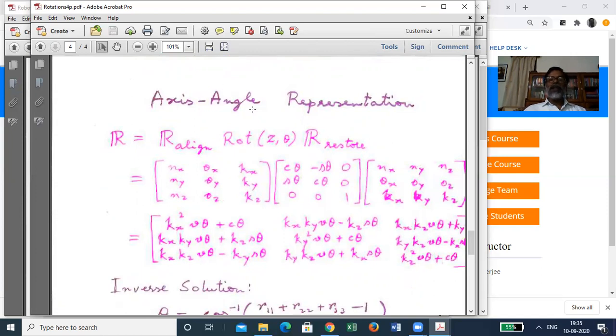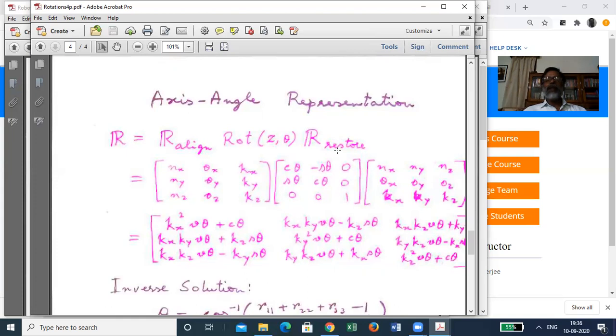The third representation is axis angle representation. In that, we do that exercise. We align the frame of reference first so as to make the z-axis coincident with the axis of rotation k, and then give a rotation about z, and then using its inverse transpose on this side, we restore the frame of reference.